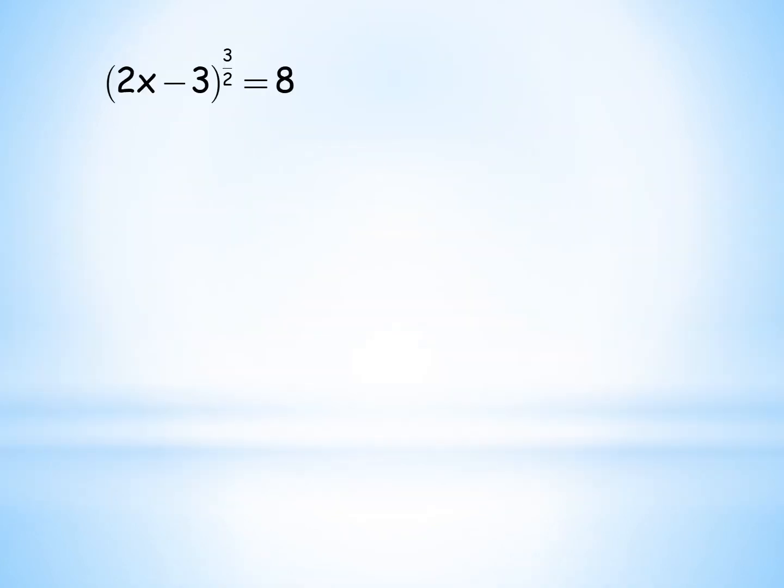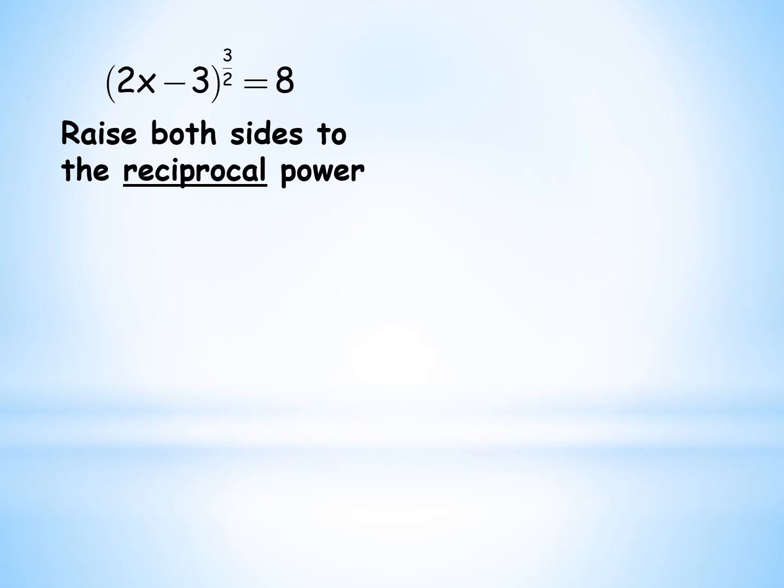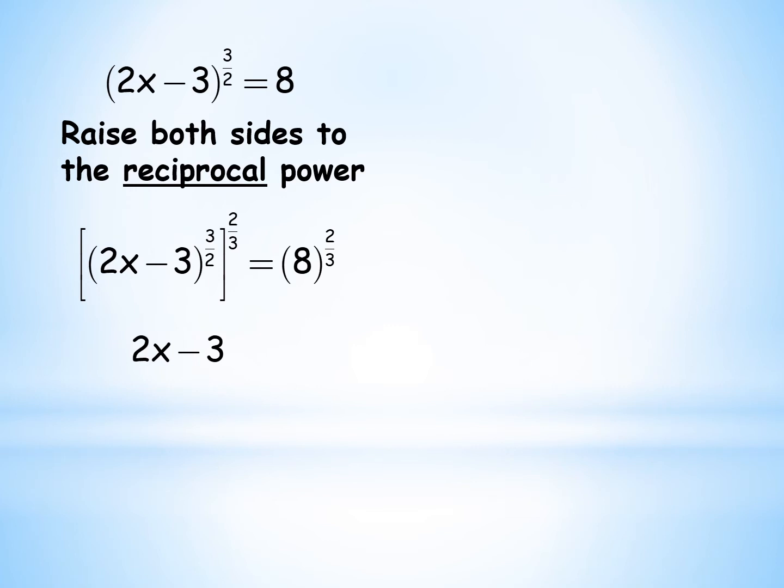Let's try another one. Now this one does not just have a 1 in the numerator, so in this case, your radical is already isolated, but now you're going to raise both sides to the reciprocal power. So you're going to raise both sides to 2/3. When you do that, your 3 over 2 times your 2 over 3 becomes 1 again. So the left side is 2x minus 3.